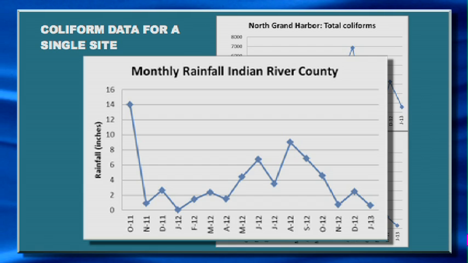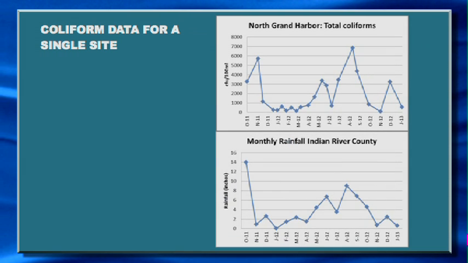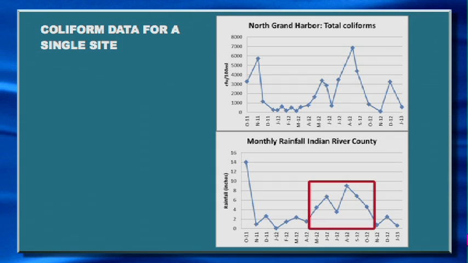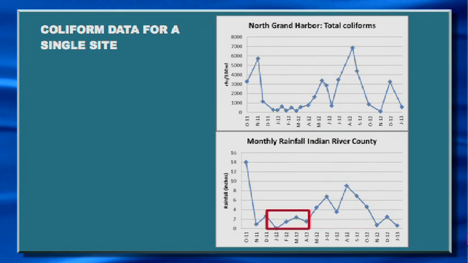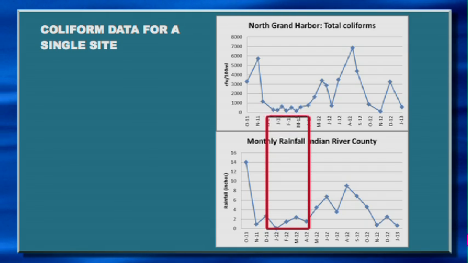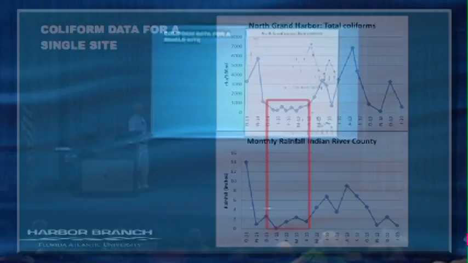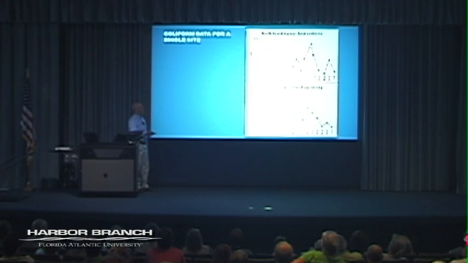So this is a miracle because this actually correlates beautifully. We get high rainfall here, high coliforms, low rainfall in tourist season, and then we go into the wet season and we see an increase in the amount of coliforms in the water. So there's obviously some impact going on from rainfall and a correlation with the amount of bacteria we see in the river.